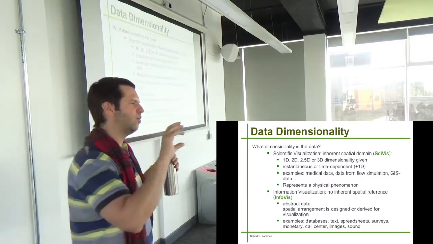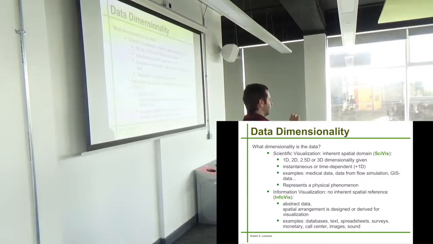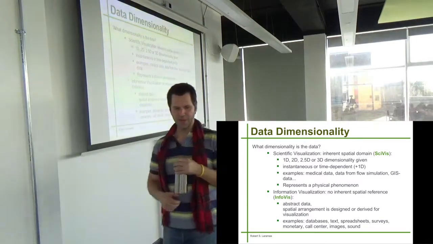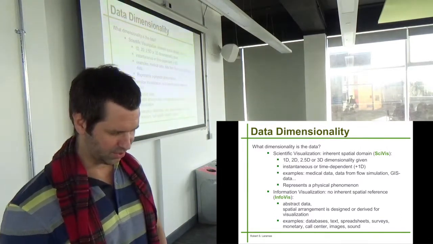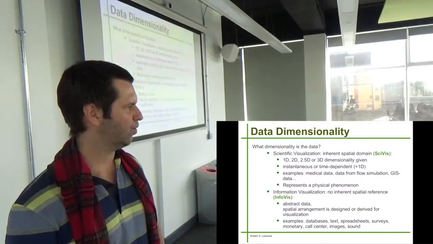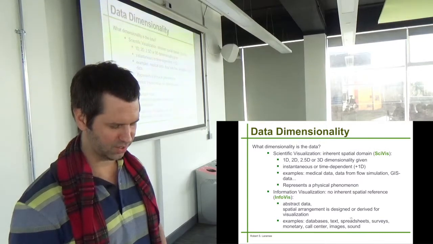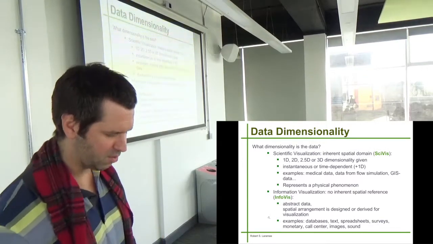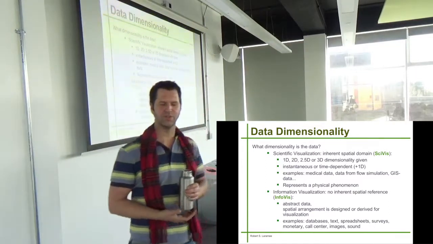It's just a purely synthetic, derived shape. That's information visualization. Here are some examples: data that's usually stored in a database, text data, spreadsheets, surveys, monetary data, call center data, images, sound, all kinds of information visualization.